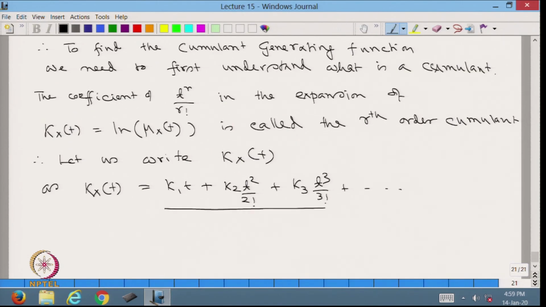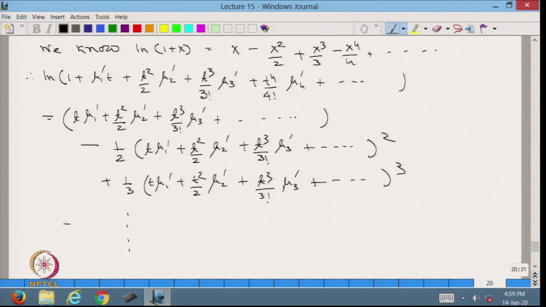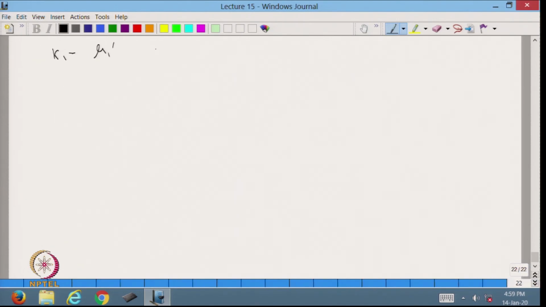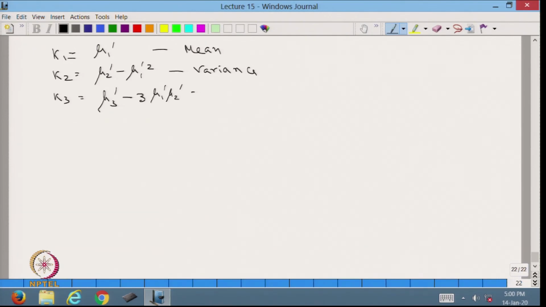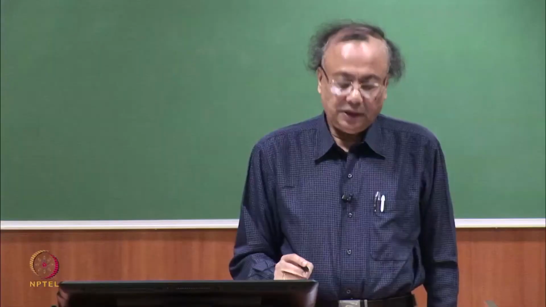If we equate this with the expression that we got here, we get k1 equal to mu1 prime, which is the mean; k2 equal to mu2 prime minus mu1 prime square, which is the variance; k3 equal to mu3 prime minus 3 mu1 prime mu2 prime plus 2 mu1 prime cube, which is the third order central moment, etc. Thus, from the cumulant generating function also we can get moments of different orders.